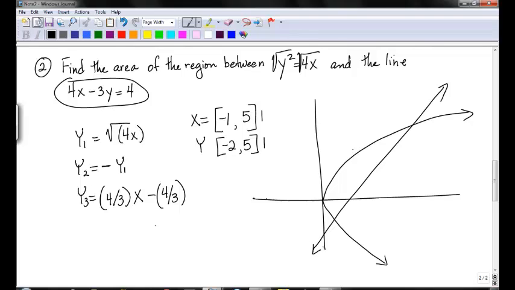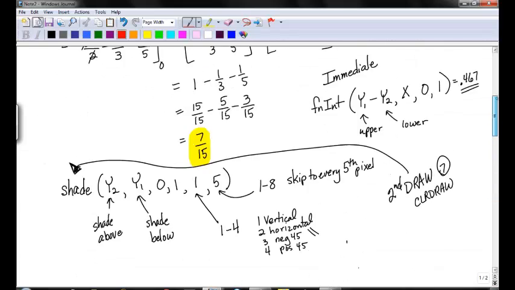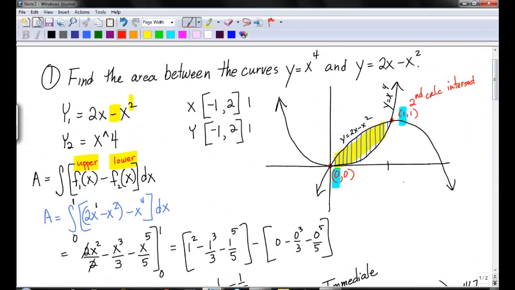Okay, now when you find the area between two curves, everybody look up here a minute. When we did the vertical slices, this was the top curve for every slice. This was the bottom curve for every slice.